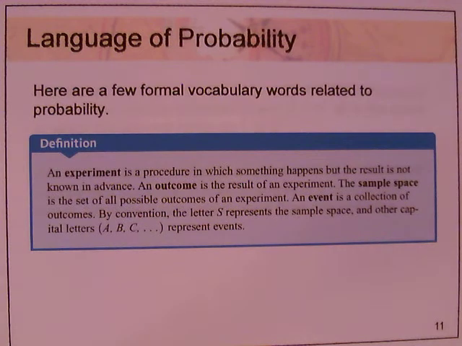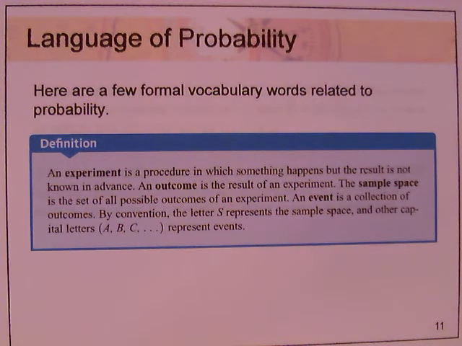We can think of things like tossing a fair coin, rolling 2 dice, spinning a wheel, or selecting a card from a deck of 52 playing cards. Those would be experiments. An outcome is the result of the experiment.